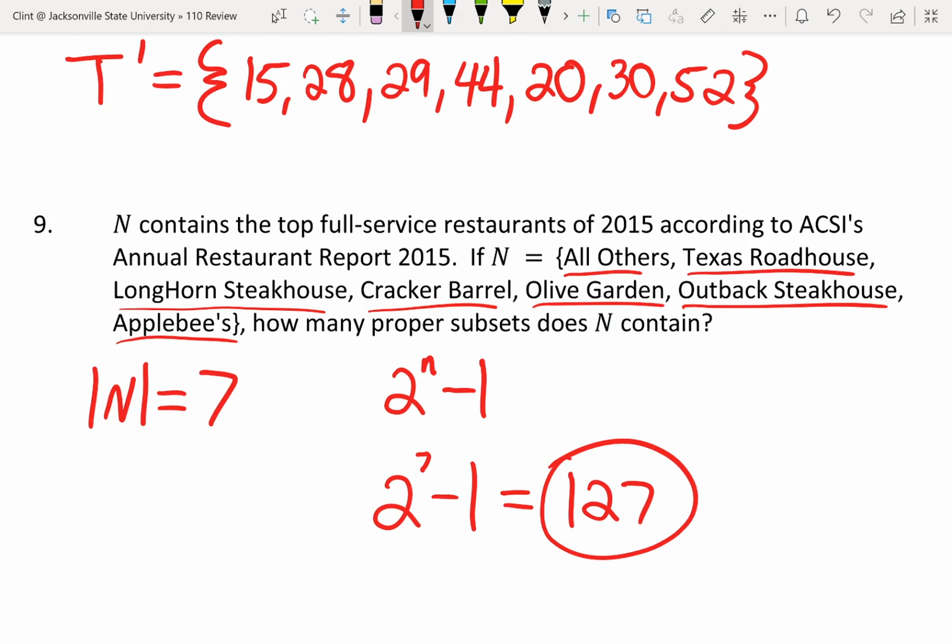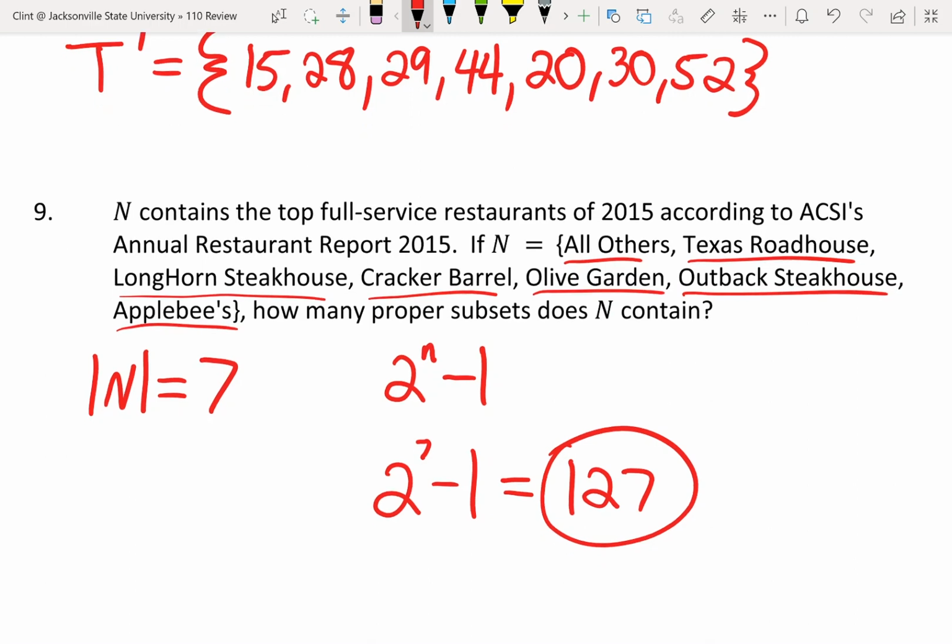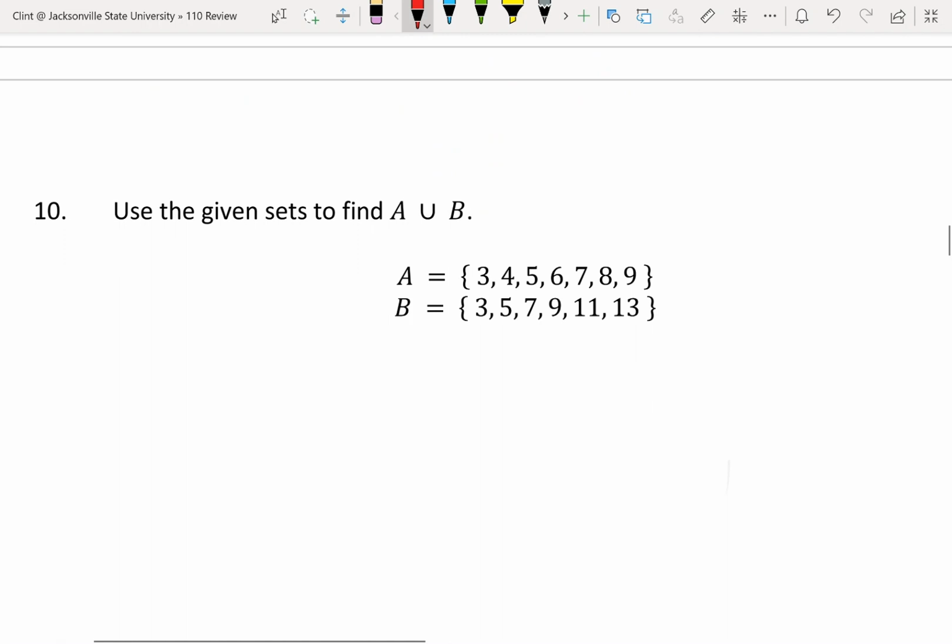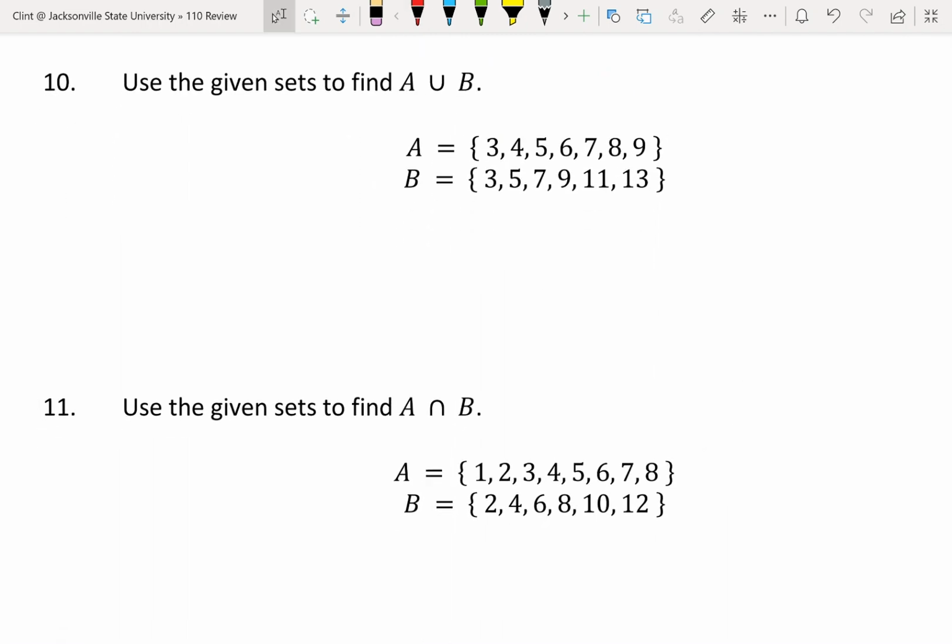Okay. Do some set operations then. Number 10 says find A, and then what's our symbol? One that looks like a U is union, okay, B. And then what does that mean? Okay, yeah, we want all of them in there.